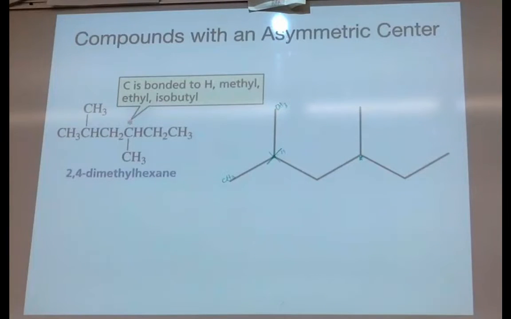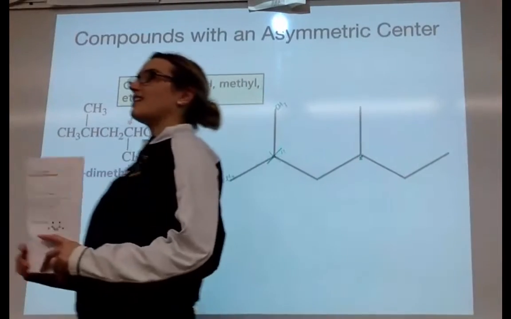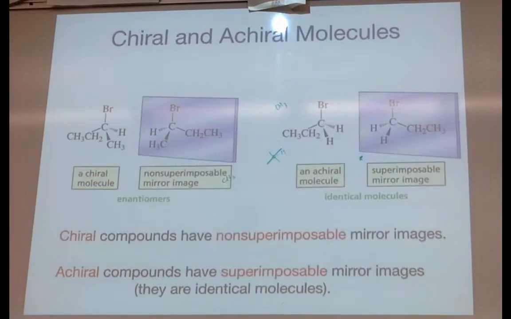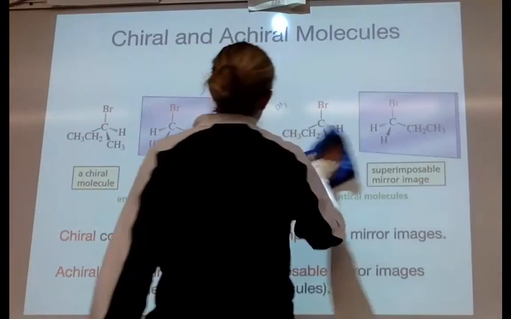It's not 4 distinct groups. Now, can some molecules have multiple chiral centers? Yes. And don't worry, we will be looking at those eventually. But just remember that for it to be a chiral center, we need to make sure that there are 4 different groups.